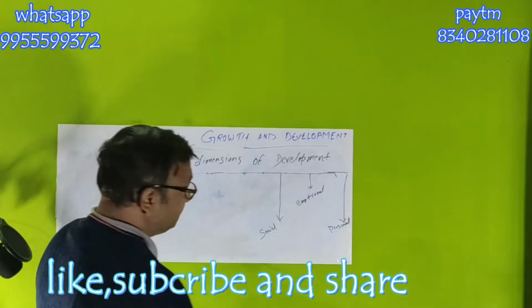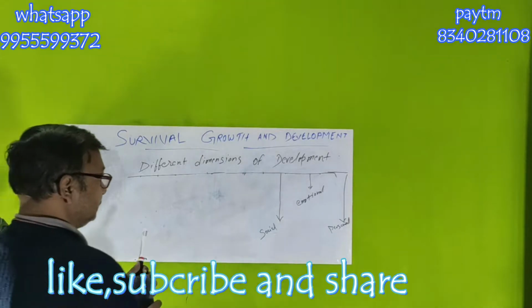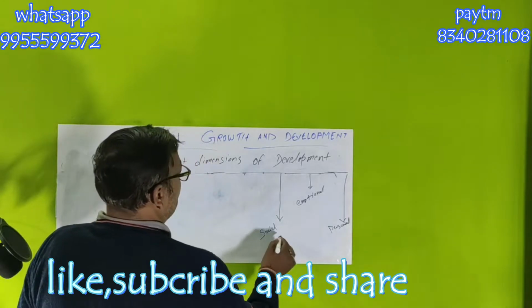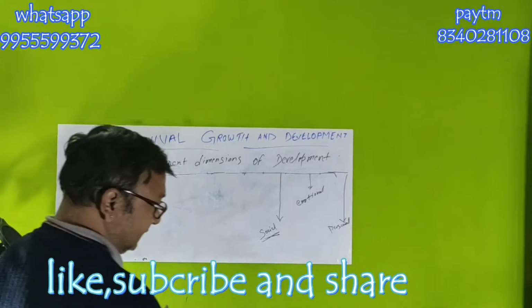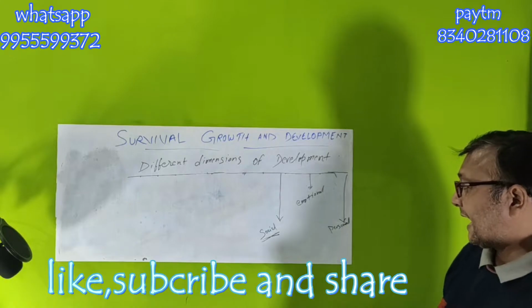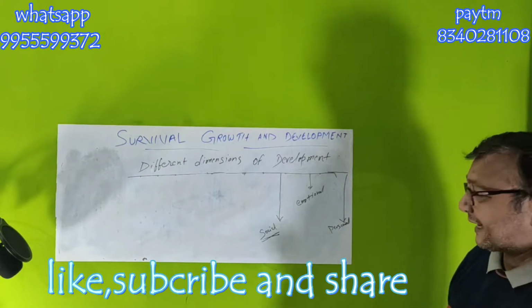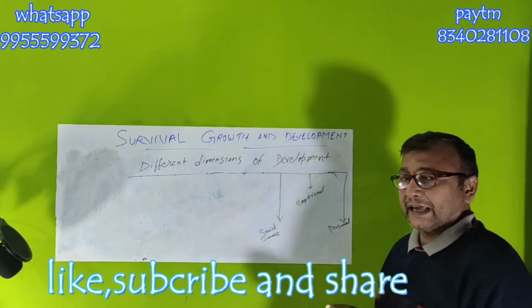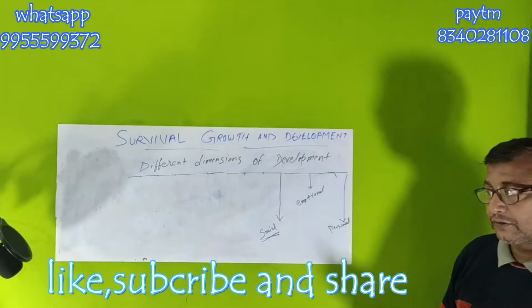So language plays an important role in everyone's life, and it develops from home only. Again, it is social. Social itself defines that the person has to adapt according to the society, has to adopt their language and their feelings according to the society.